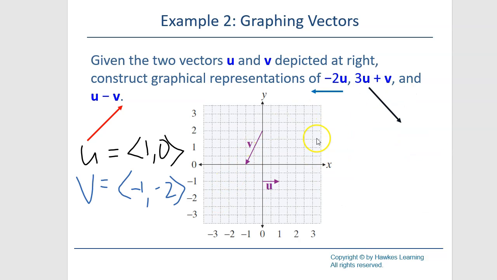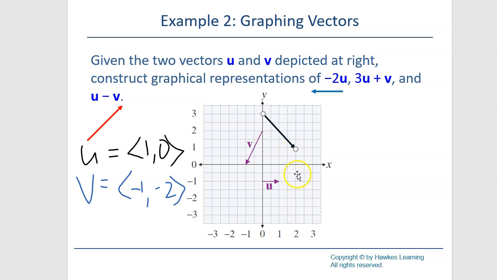All right, now let's look at this one. 3u plus v. So u was 1, 0. V was negative 1, negative 2. What happens if I grab 3u plus v and I put it into the grid? I'm going to move it here. I'm going to make it start at 3 on the x-axis. So that's starting at 3, 0. And what happens?